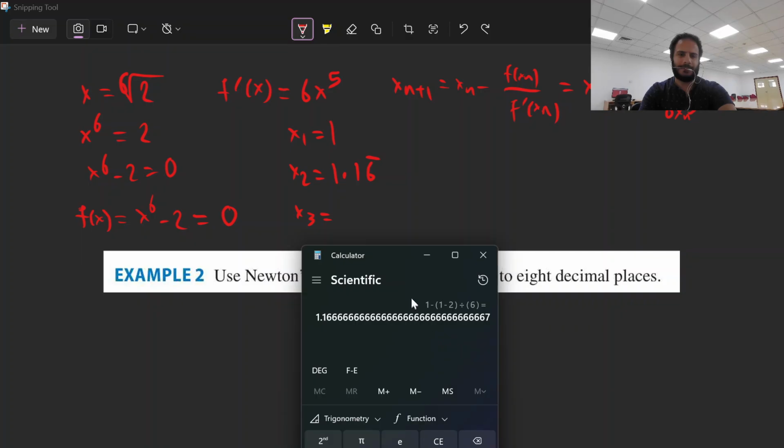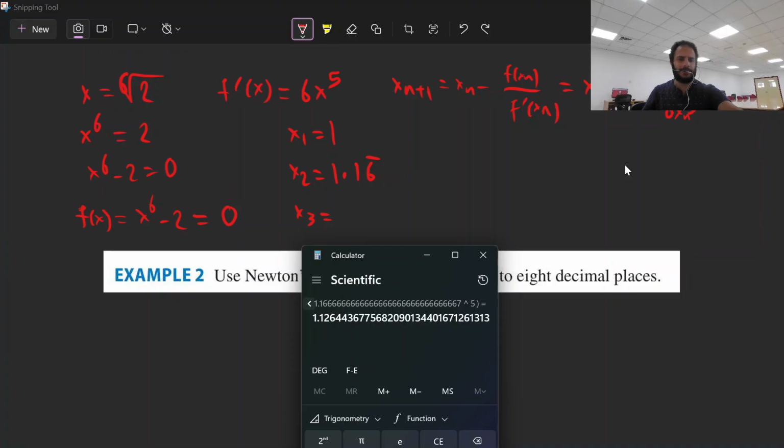Let's continue. So Control C. Then now x3, not x3, x2. I mean x2 minus, open parentheses, x2 power 6 minus 2, close parentheses, divide, open parentheses, 6 times x2 power 5.